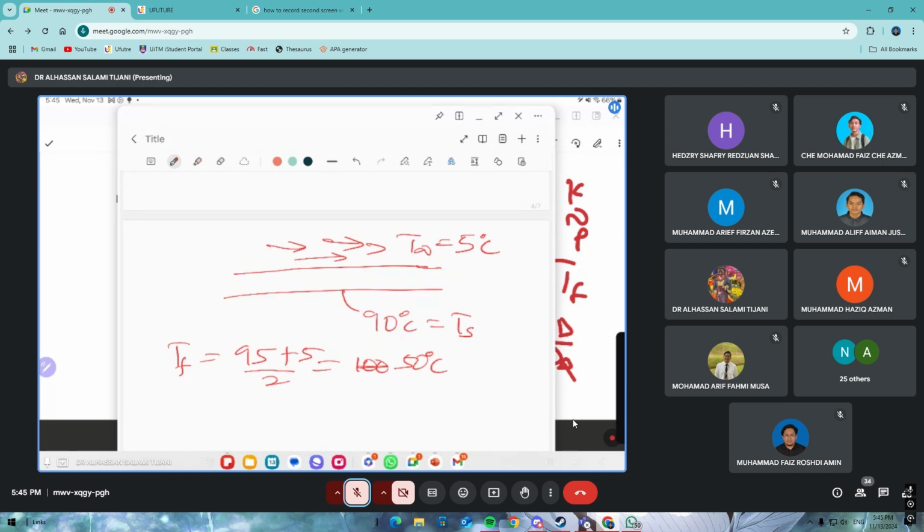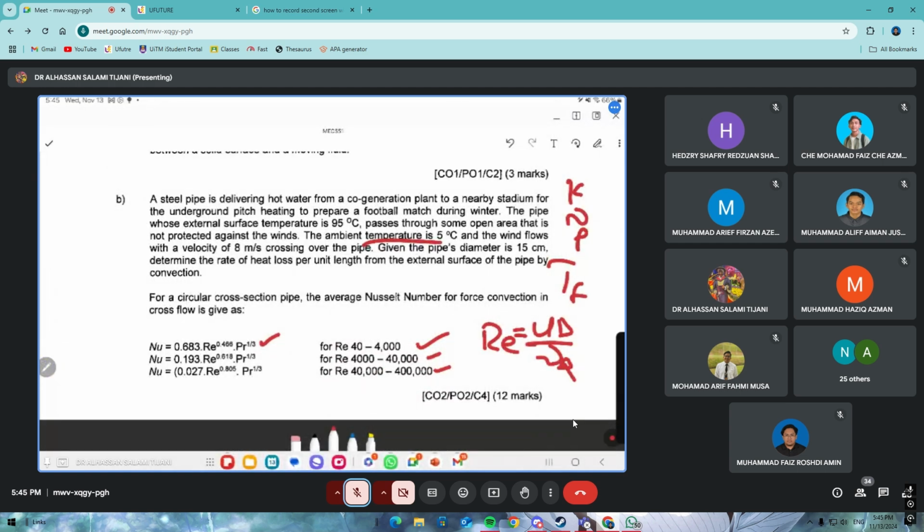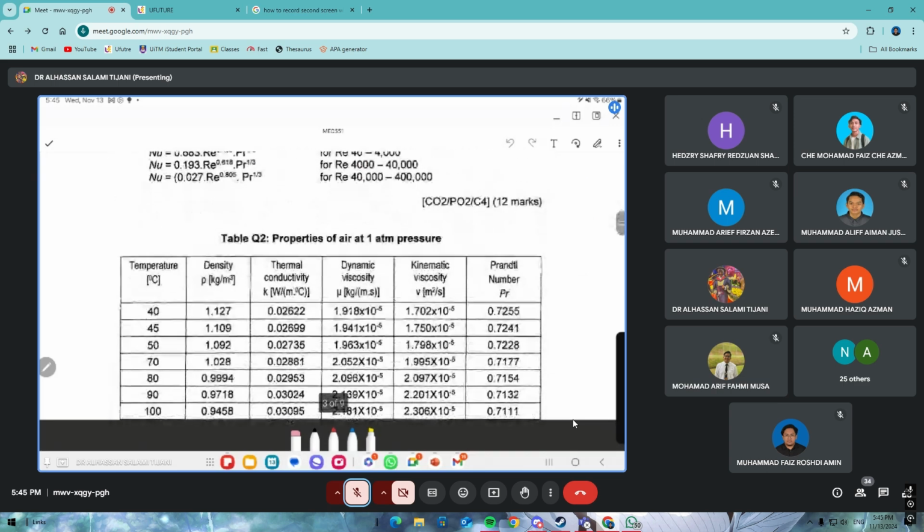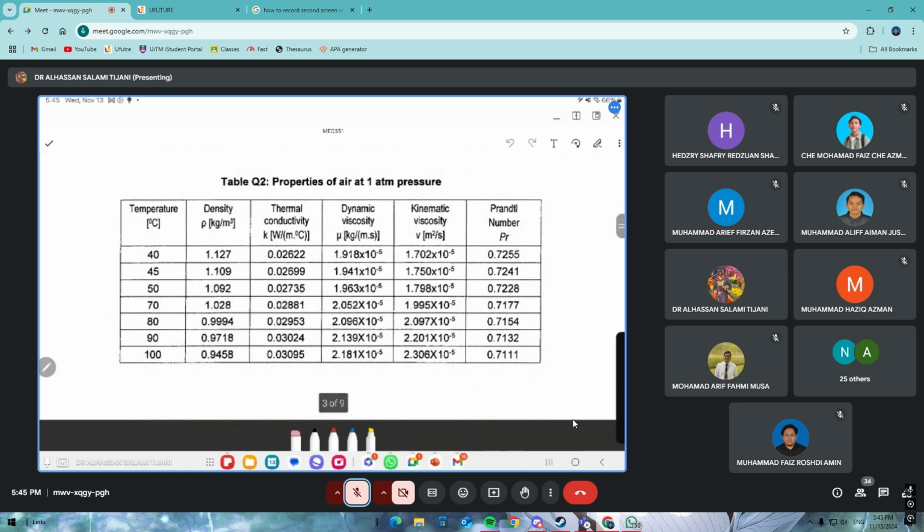Okay, so based on this information, we need to go to the table that is given. So from here, who can suggest which column we should take? Yes, anybody? The one with 50, right? Yes. So please be careful all the time.